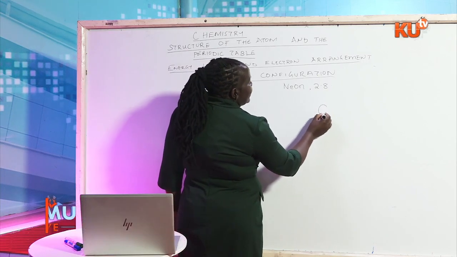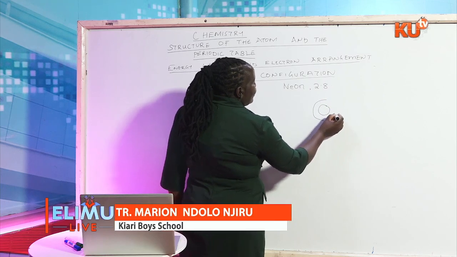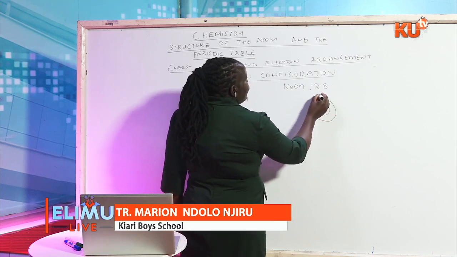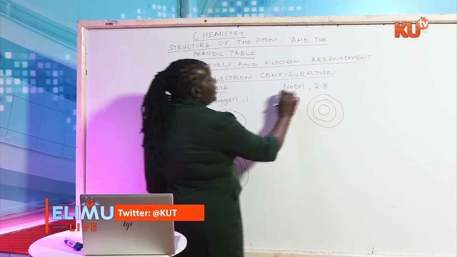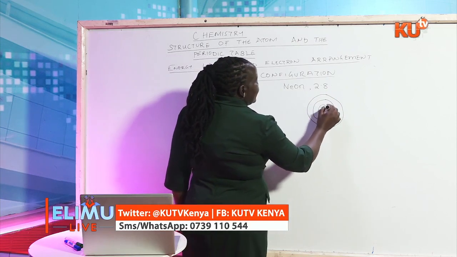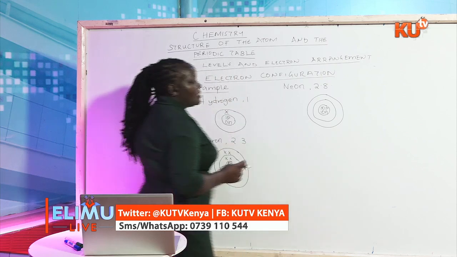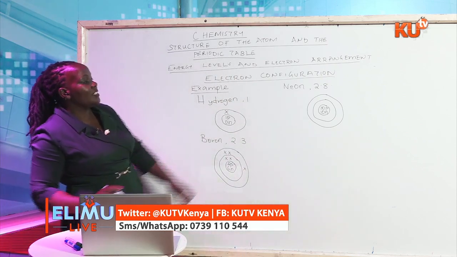So we have our nucleus there. We have the first energy level, the second energy level, because it has 2. Neon has 10 protons and 10 neutrons.